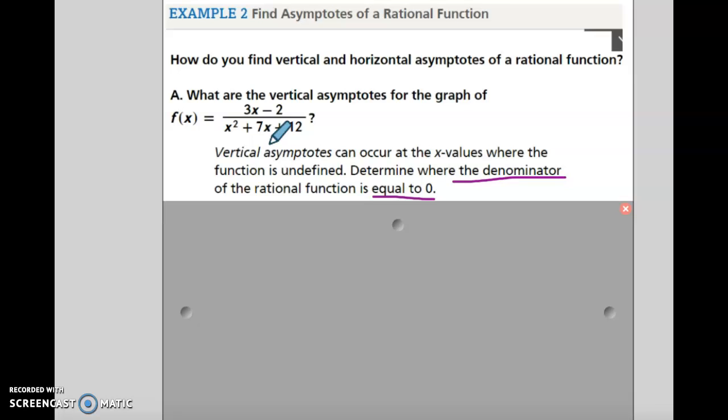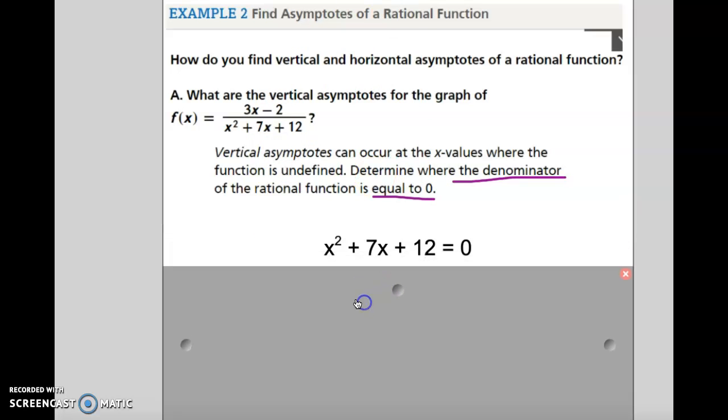So if it's impossible to have 0 in my denominator, what is there is an asymptote. Remember, it's never going to touch the asymptote. It's never going to cross over. So that's why we set the denominator equal to 0, because it's never supposed to be 0. Whatever value we get, that's where there's an asymptote. And that's what we're going to go ahead and do.